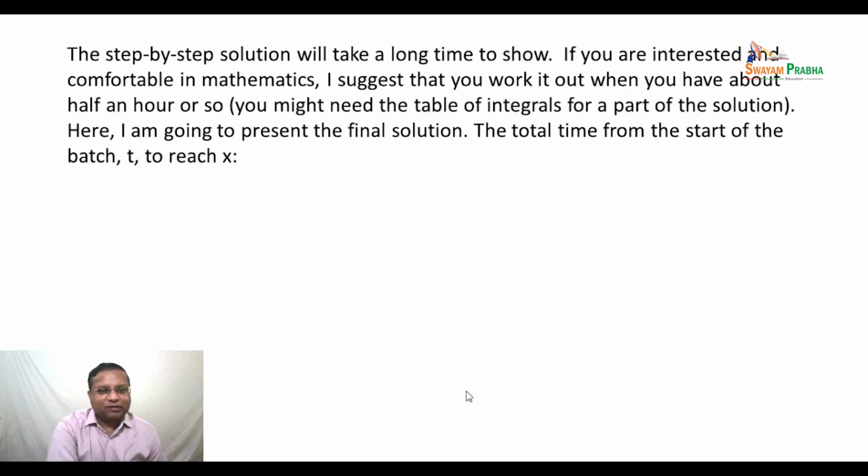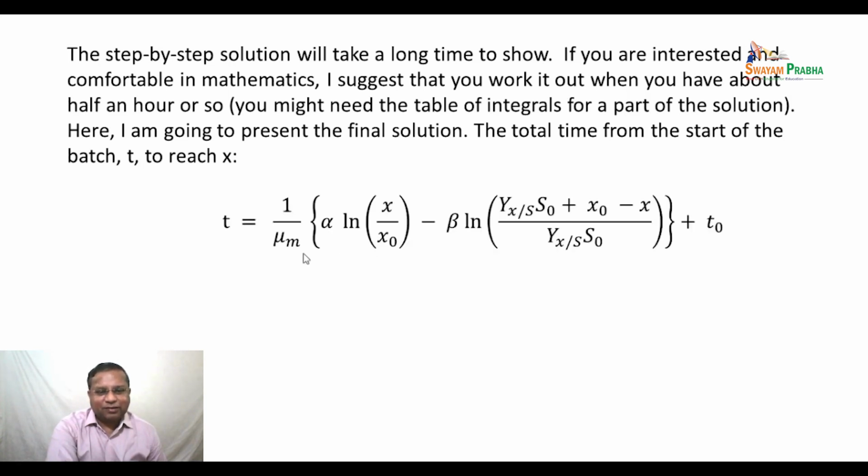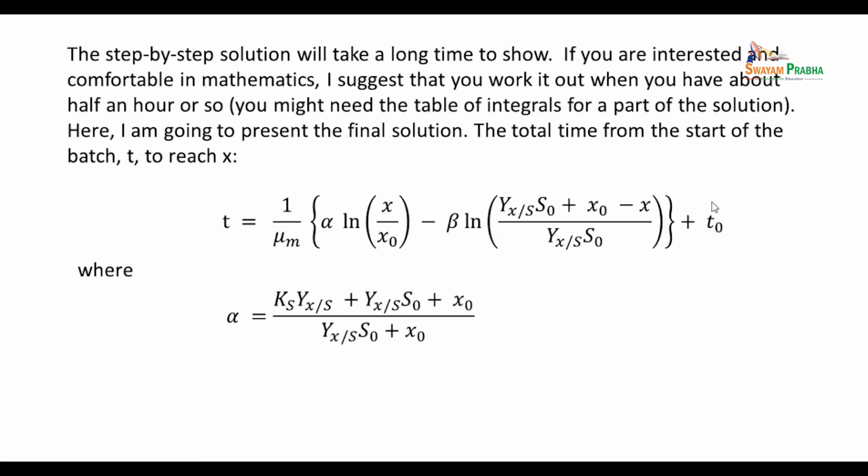The total time from the start of the batch to reach a certain cell concentration x is given as 1 by mu m times a certain alpha times log of x by x0 minus a certain beta times log of (Yx/s S0 plus x0 minus x) by (Yx/s S0), plus the lag time t0, where alpha is this combination (Ks Yx/s plus Yx/s S0 plus x0) divided by (Yx/s S0 plus x0), and beta is Ks Yx/s divided by (Yx/s S0 plus x0).